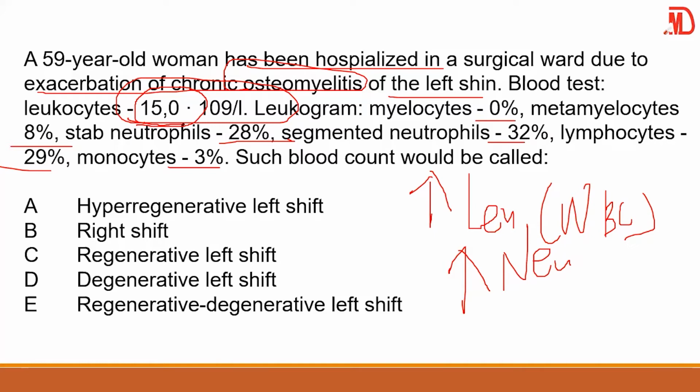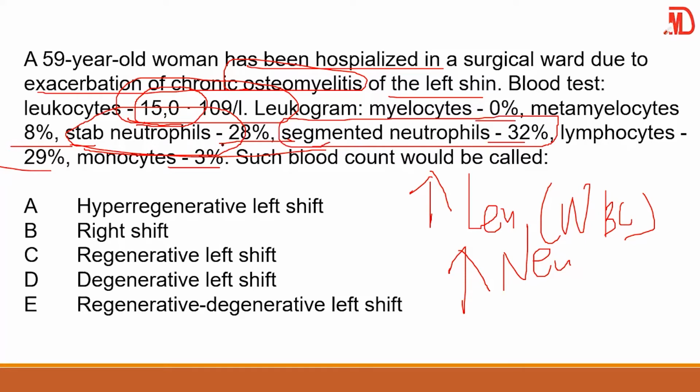In regenerative, there are a lot of immature cells. However, the immature are not too much more than the mature ones. Now, if you look at the blood analysis, we have stop neutrophils, which naturally means band neutrophils. Then we have the segmented. These are actually the matured neutrophils. That's what we found.